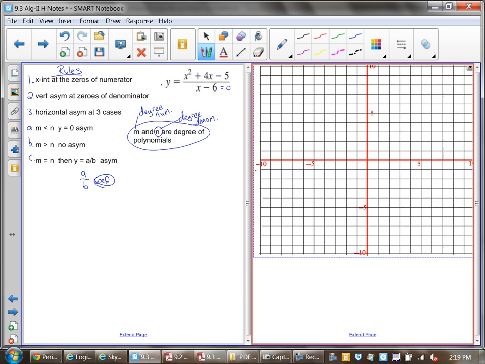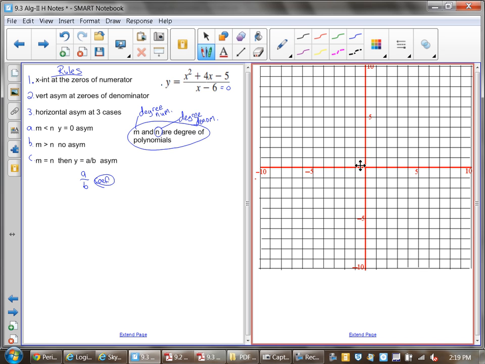According to the information that we already know, we have x-intercepts at -5 and 1. Put a dot there. -5, 1. I know it's going to cross the x-axis. I also know that I have a vertical asymptote where? 6. So I draw a vertical asymptote at 6.